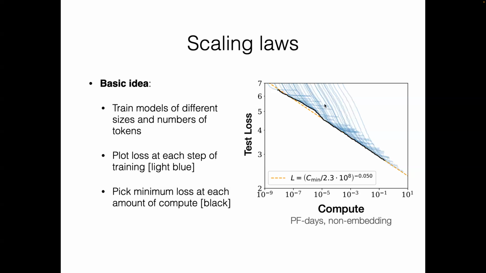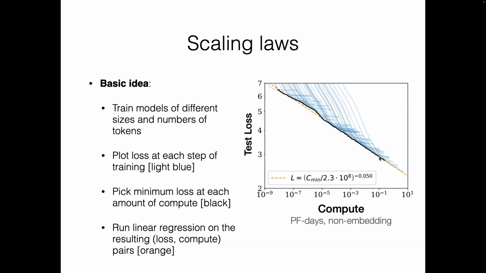But what they do is look at the best possible configuration and then plot that here in black. And then you can run a simple linear regression on this line and get this relationship, which says that basically if you're using a compute optimal configuration, then you can predictably improve the language modeling performance.